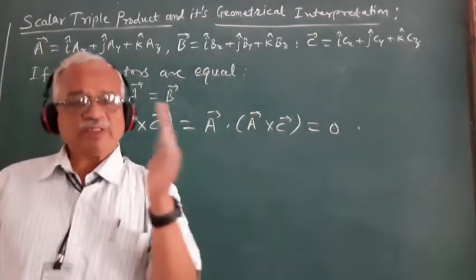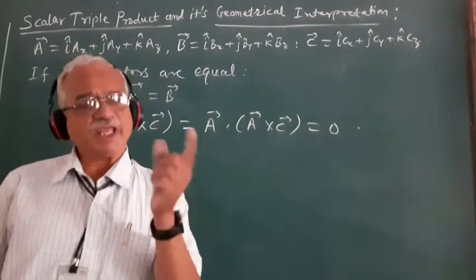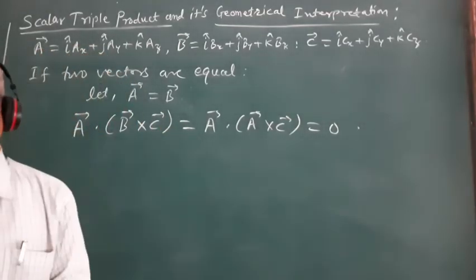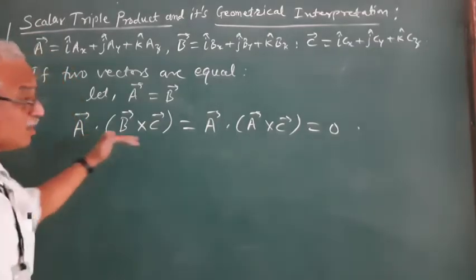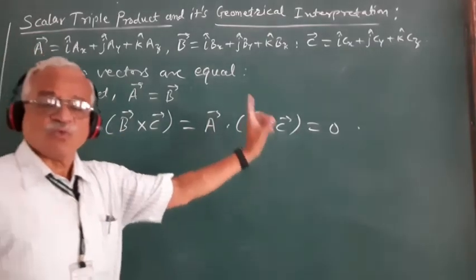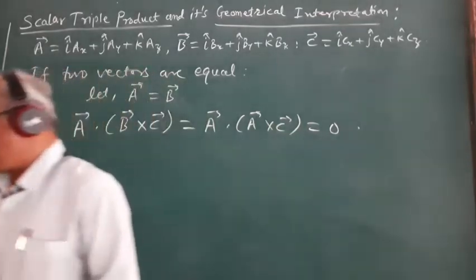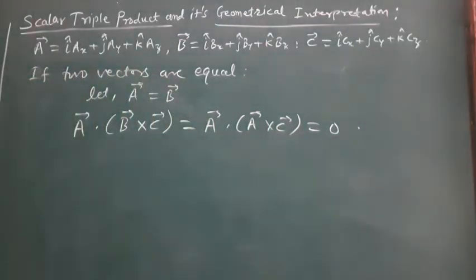So, out of the three vectors, if any two are equal, then the scalar product of such vectors works out to be equal to 0. That is another property of the scalar triple product.